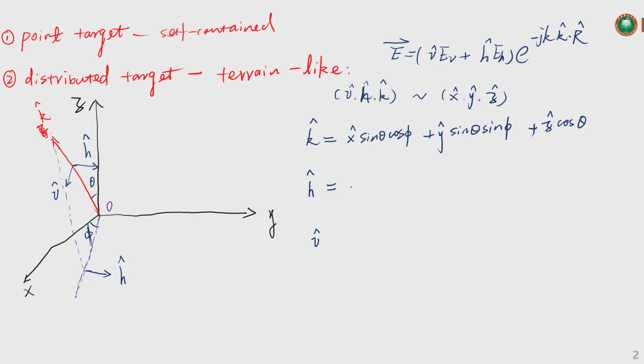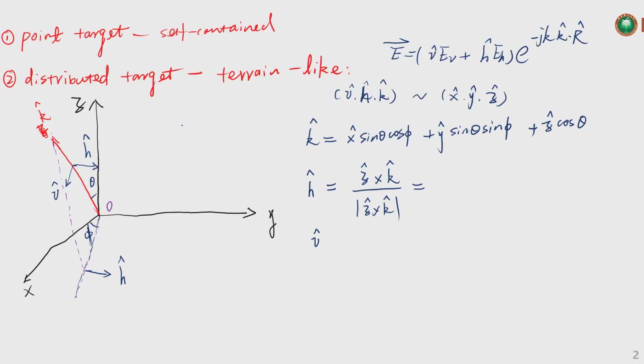So H equals, according to the right hand rule, theta cross k, then divided by its magnitude. Am I correct?